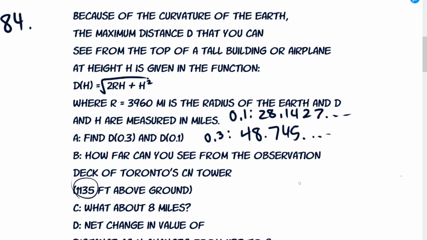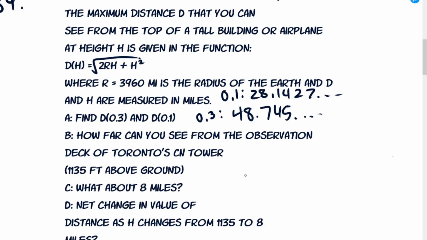To find this in miles, because it's going to be our height, we want to divide it by 5280, which is how many feet are in a mile. So 1135 divided by 5280 is 0.21496.